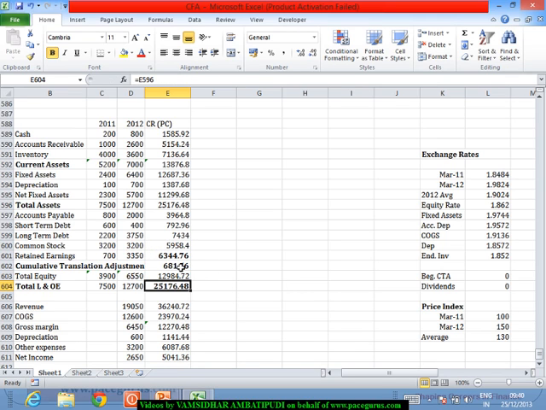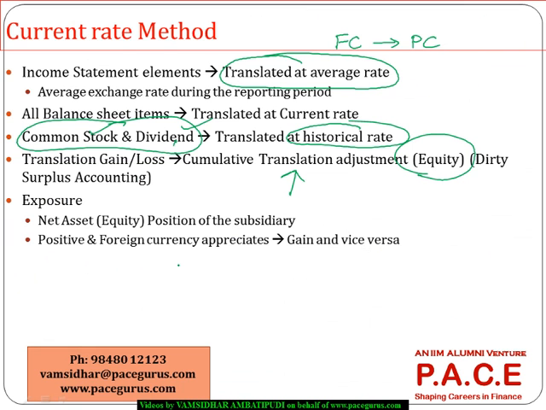So the total shareholders' equity will work out to 12,984, and this method of accounting, where the translation adjustment is treated as a part of the balance sheet and not the income statement, we call the dirty surplus accounting mechanism. Whereas if I carry the difference into the income statement, I call it the clean surplus accounting mechanism.